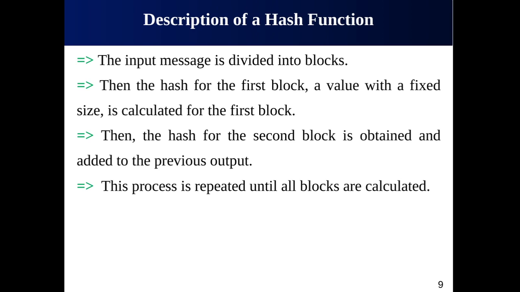Now, the description of a hash function is simple. It shows us how actually a hash function works. So as I just mentioned, the hash function will accept an input data message block. It will divide the input data into blocks of fixed size.